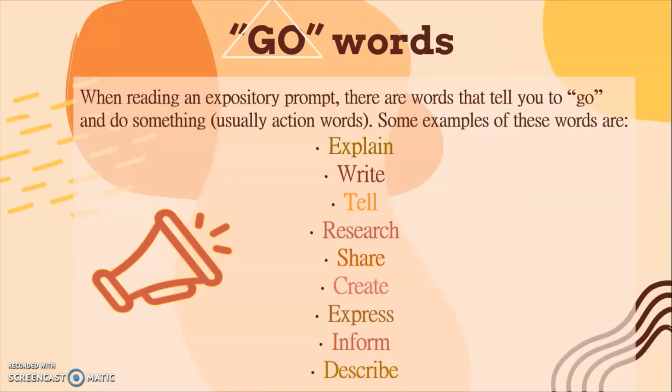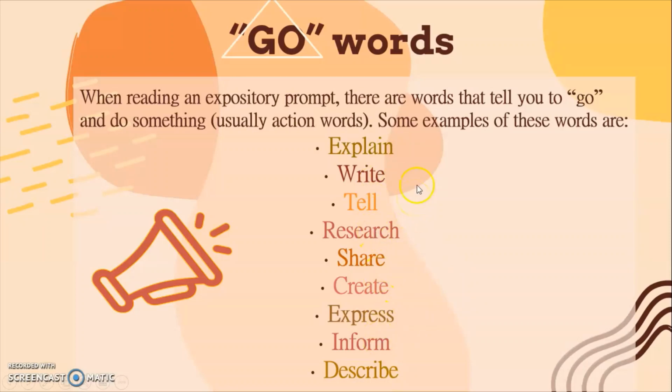Okay, speaking of go, let's refresh ourselves of the go words. So remember, when we're reading our expository prompt, we're looking for the word that's telling us to do something, to go and do something. And so far, they've all been right, but I don't want you to get stuck on that one because you will see these other ones, as you go through your upper grade levels. You'll see research, you'll see express, you'll see create, you'll see inform.